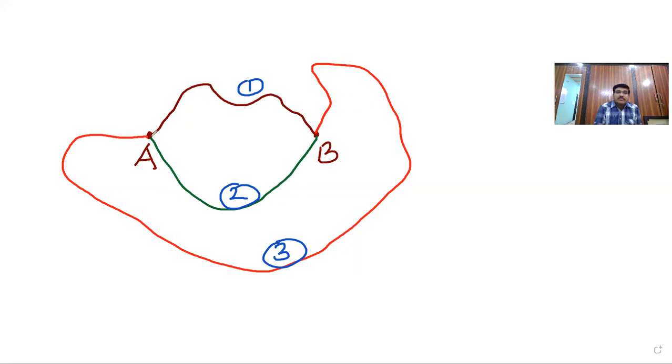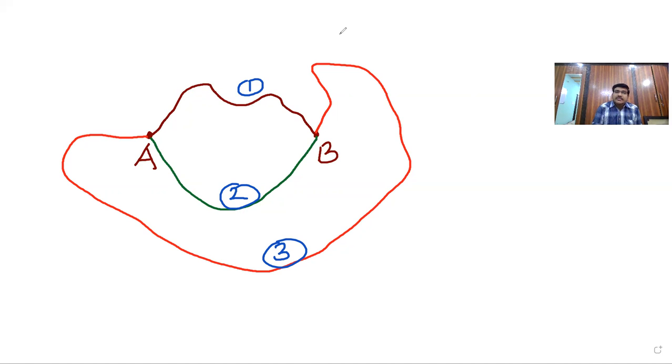That means from A to B, you can travel either in the first path, or the second path, or the third path. Just as an example, I have taken three, and I am showing 1, 2, 3 for the three examples.